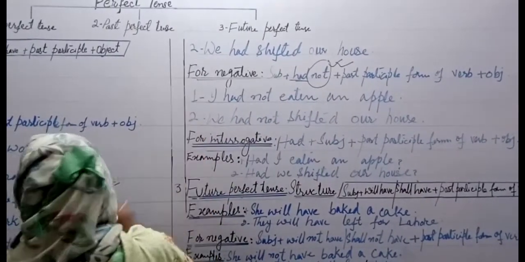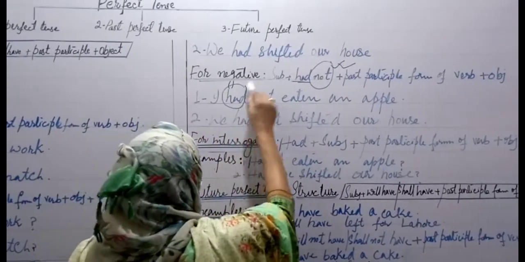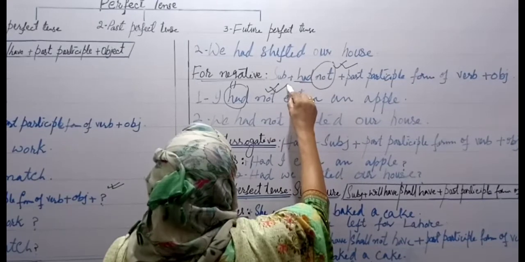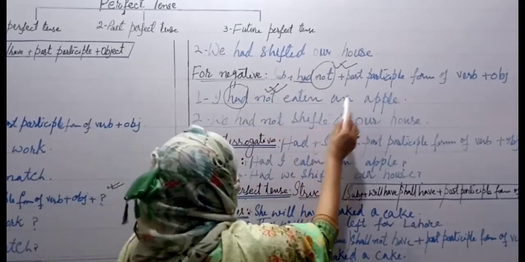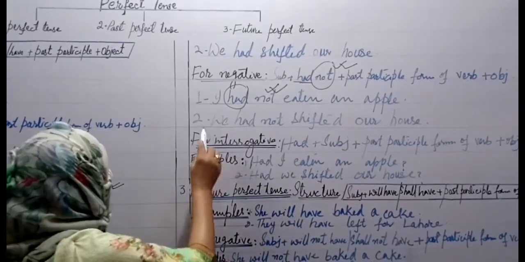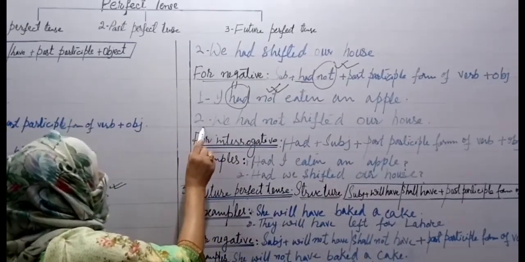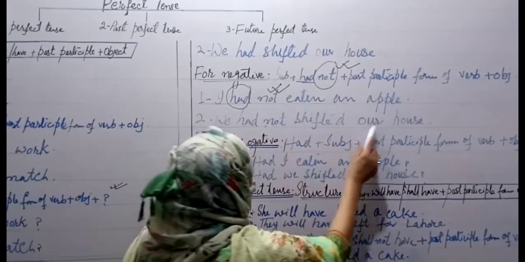I had eaten an apple. So just after this auxiliary verb, you will put here not. I had not eaten an apple. Okay, beta? Let's move towards the next example. We had not shifted our house.